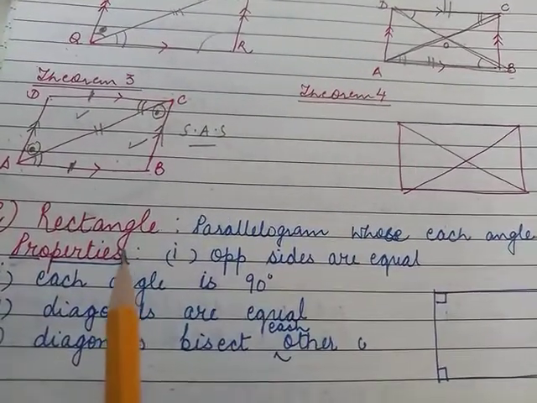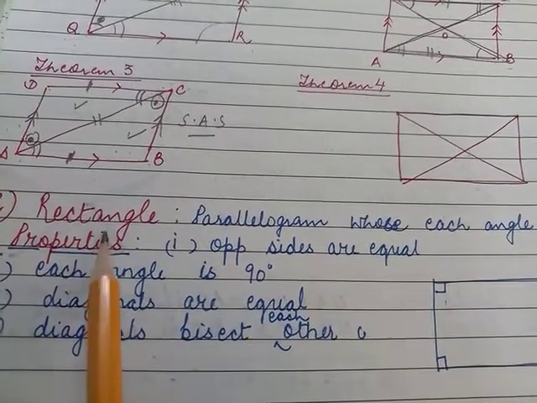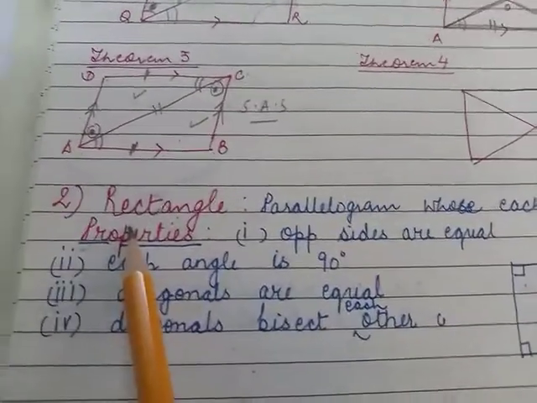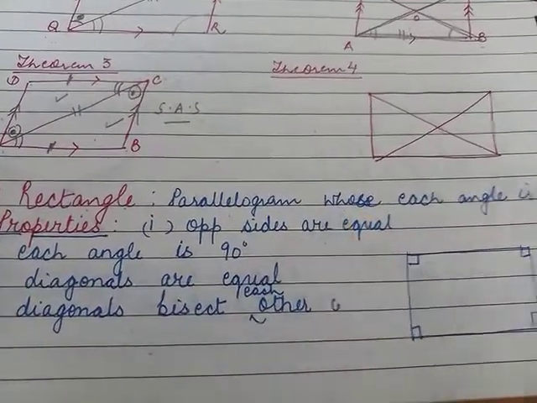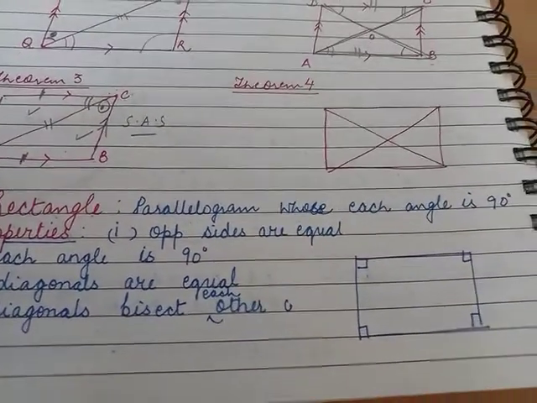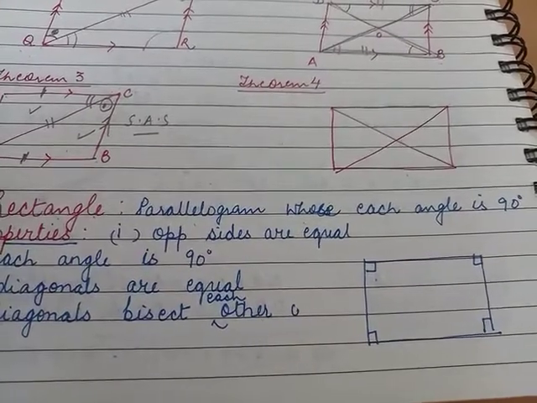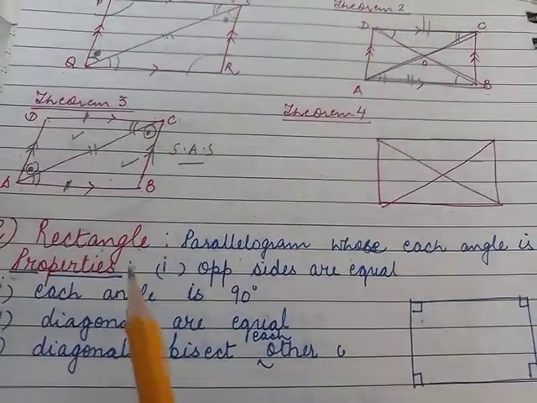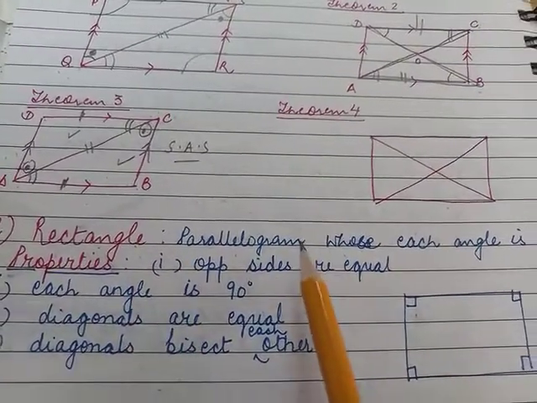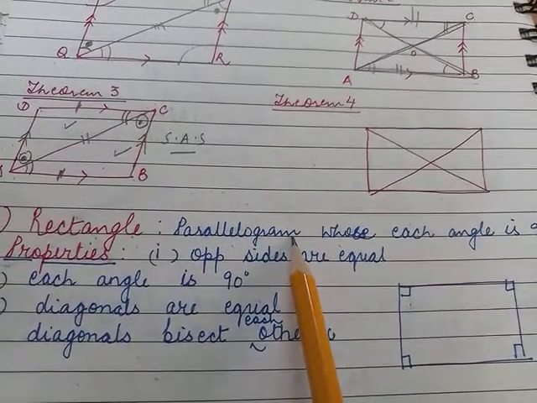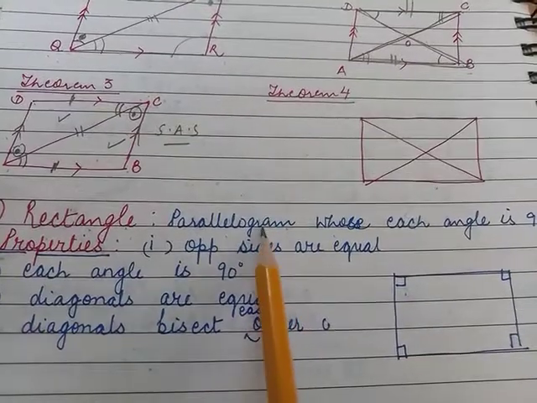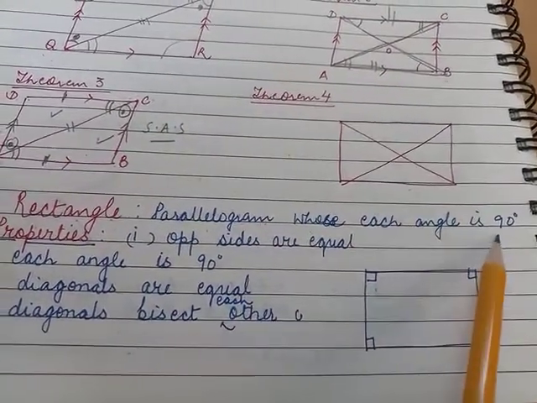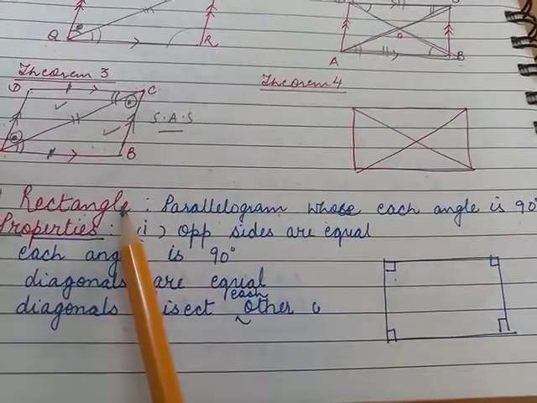Now we consider another type of quadrilateral. Now we discuss a rectangle. A rectangle is also a parallelogram whose each angle is 90 degrees. The difference between a rectangle and a parallelogram is that if each angle of a parallelogram measures 90 degrees, then it is a rectangle.